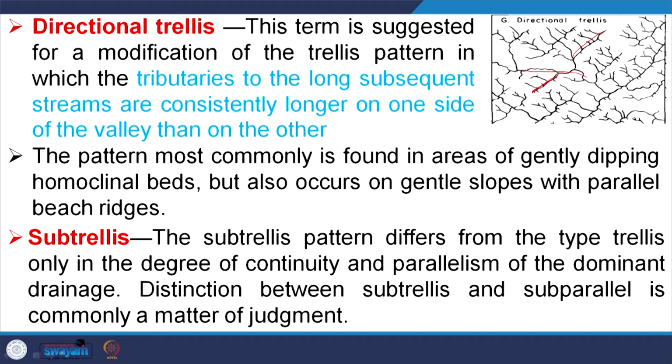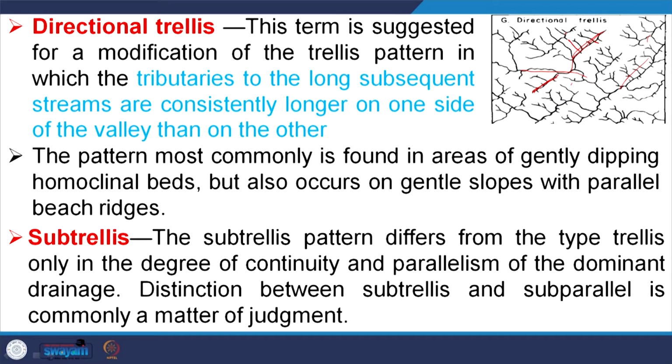On this side the tributary is smaller, however, on this side the tributary is longer. Similarly, this side the tributary is longer, this side is smaller. So though it is a trellis pattern, the tributaries on one side are much longer as compared to the other side.